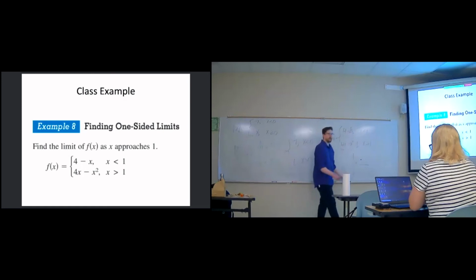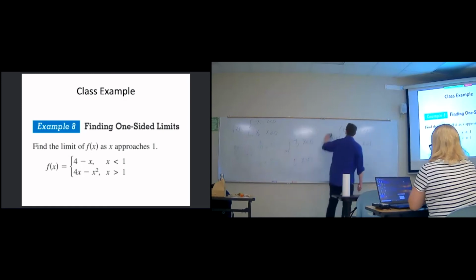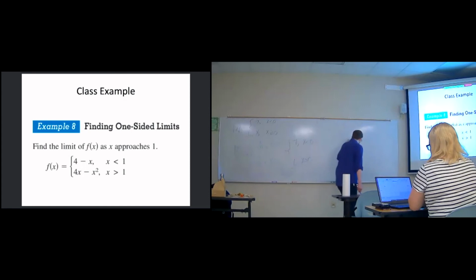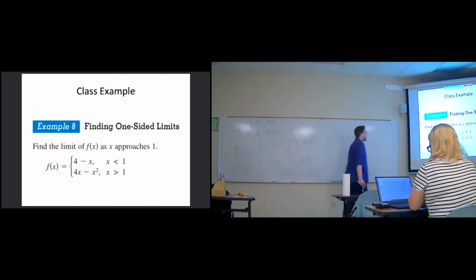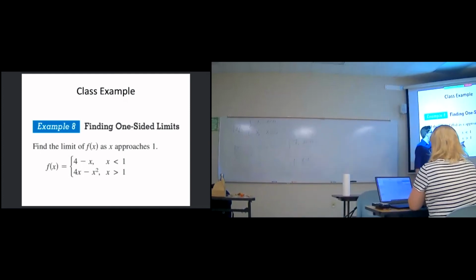So my point here is that when solving these problems, be mindful of what the equation and the problem is asking. The equation here is telling us we break up at 1, do something below 1, do something above 1. Well, the problem is asking what happens at 1 if this thing was continuous.